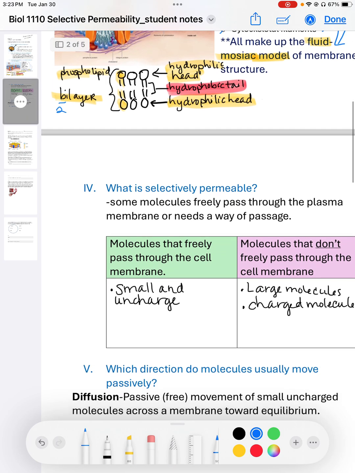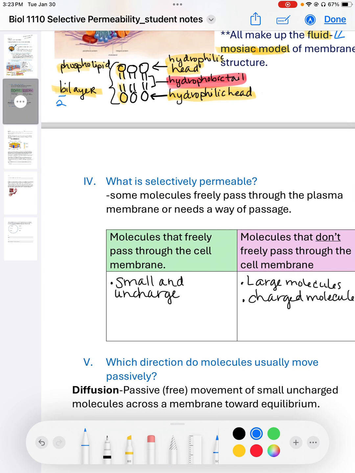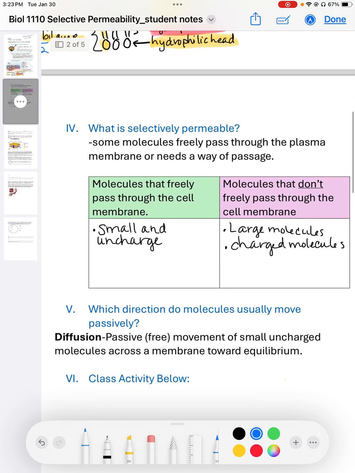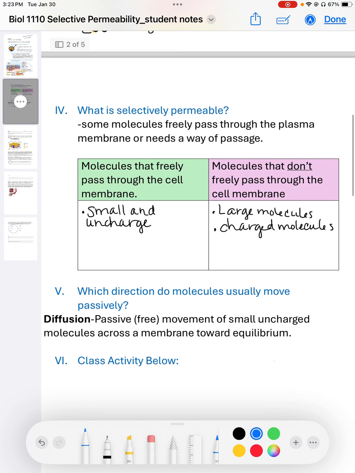So now we get to talk about selective permeability. Selective permeability is where some molecules freely pass through the membrane, or they need a way of passage. Those molecules that can easily pass through the membrane are those that are small and uncharged.